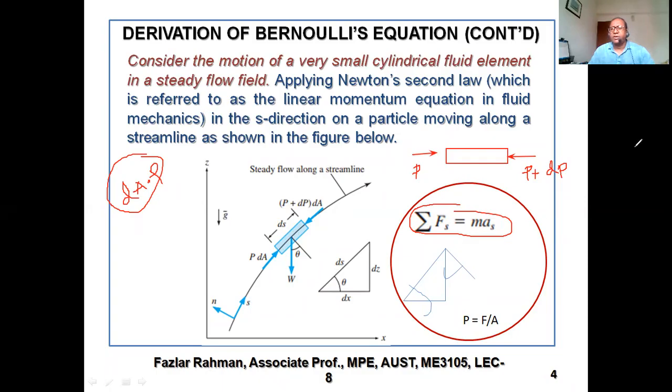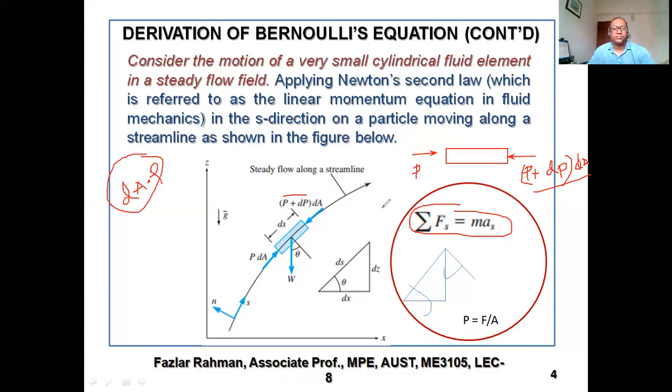Now, this value of dP might come out negative, which means this side's pressure is low. For simplification, we consider the pressure on the right side as P plus dP. So how much is the force on the right side? Pressure times dA, P plus dP times dA.